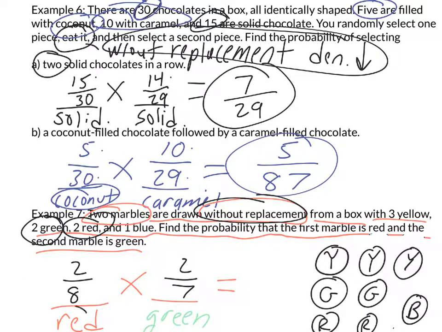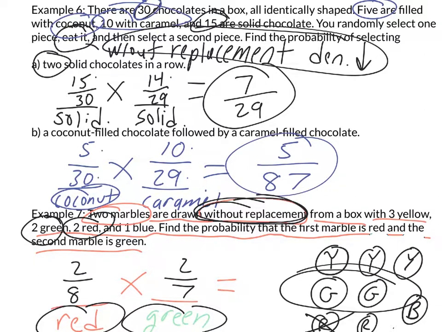We first want a red marble, so I'm going to X out one of these red, these are marbles. It's off to the side. Remember, without replacement means you will never draw the same marble twice. So before my hand goes in to draw the green marble, my total is down to 7. However, I still have 2 green sitting there because you got a red.